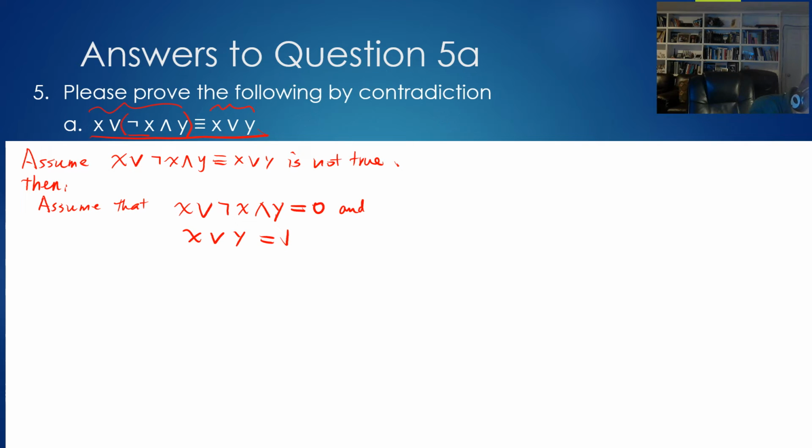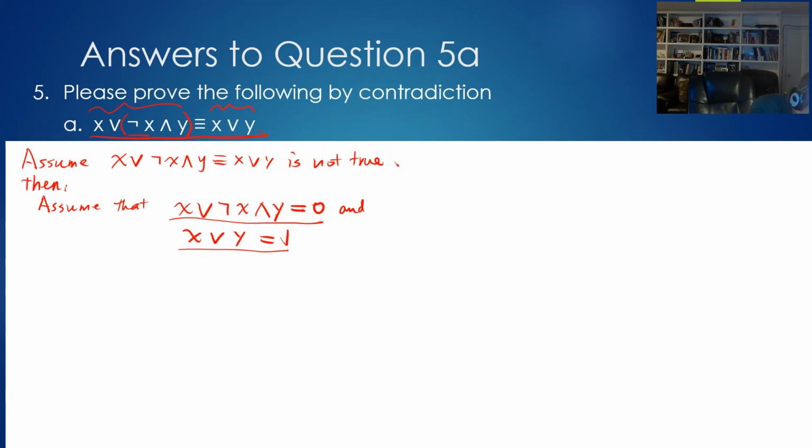Okay. We know it's not true, but we have to prove that this is not possible. Now, to prove this is not possible, we should conclude that if we assume the left side is 0 and the right side is 1, we will get a contradiction.